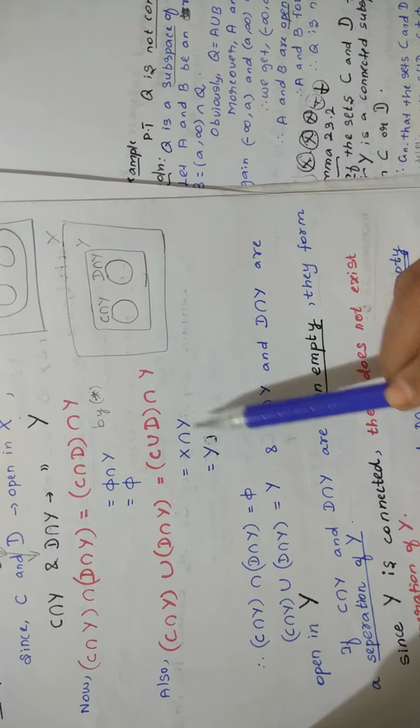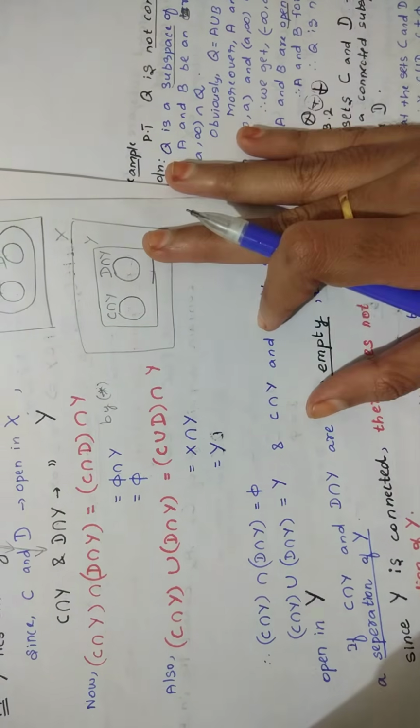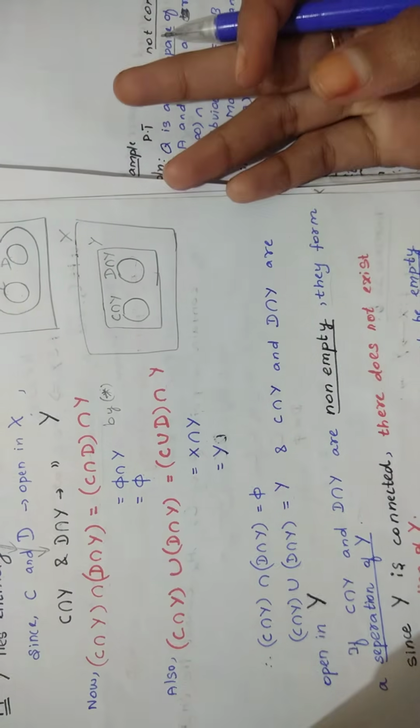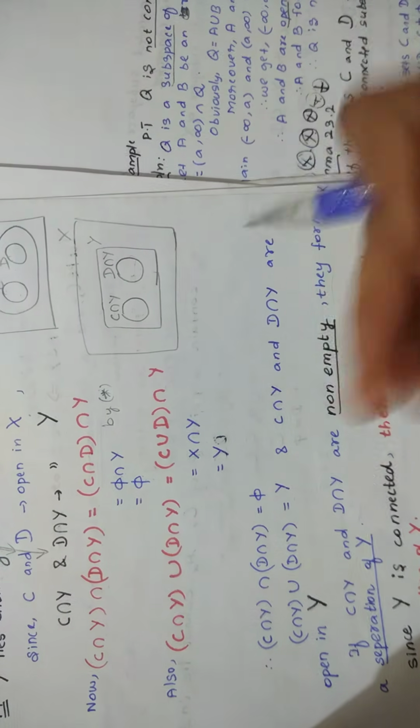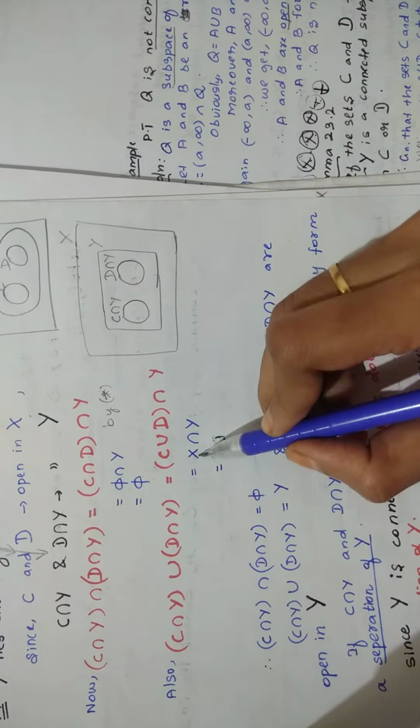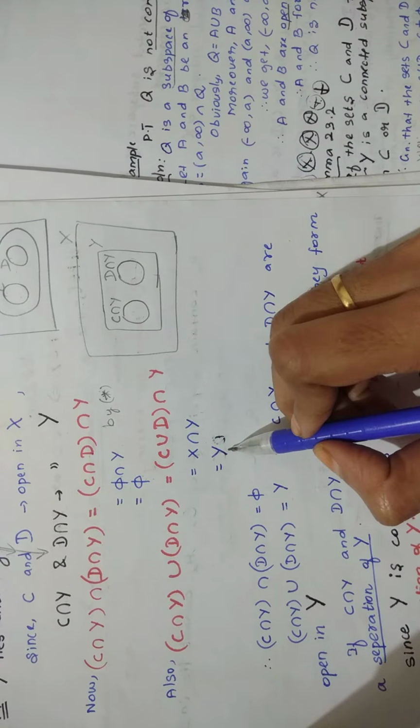How? Y is a subspace of what? Capital X, right? So what will be the common values of X and Y? Y, right?